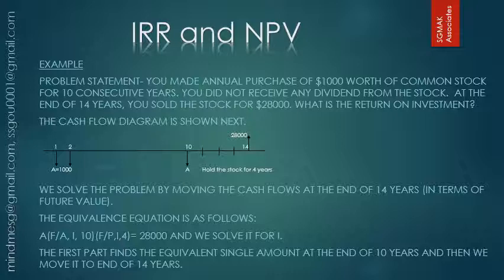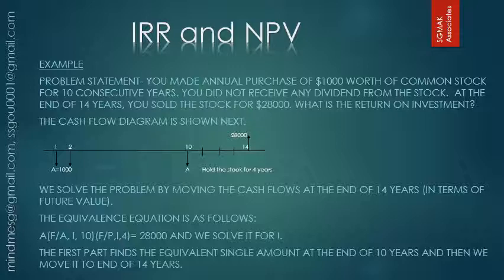The simple way to find the IRR for a simple cash flow problem is you treat the interest rate as unknown. You set up the equation for net present value and set it equal to 0 and solve for the interest rate. That's the basic idea.